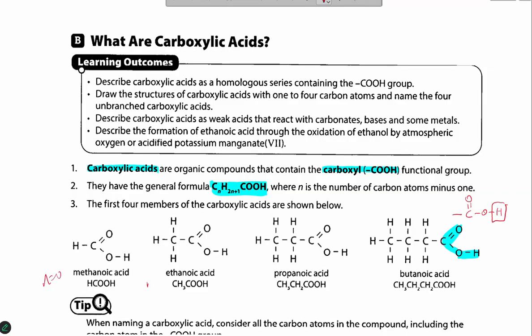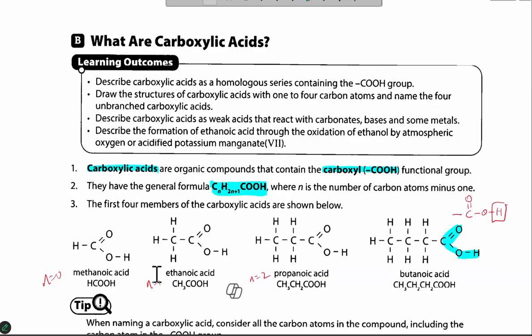And after that n equal to 1, n equal to 2. So the name is not based on the n. The name is based on the number of carbon in the molecule. So methanoic acid means 1 carbon. Ethanoic means 2 carbon. Just like methane is 1 carbon, ethane is 2 carbon, methanol is 1 carbon, ethanol is 2 carbon.